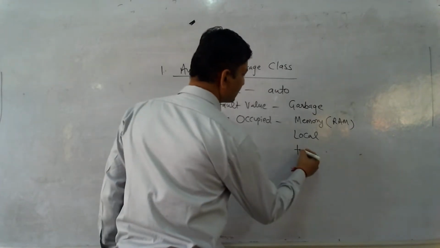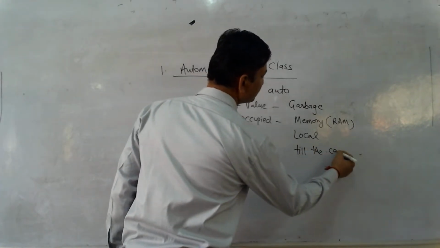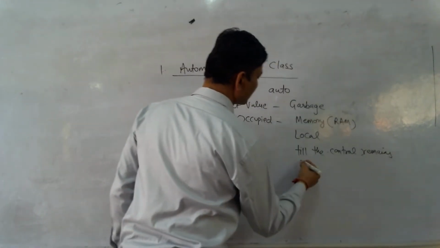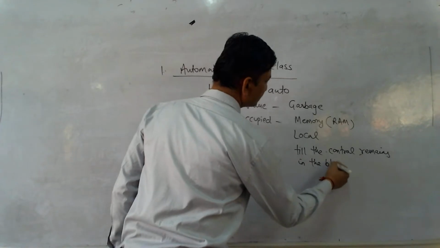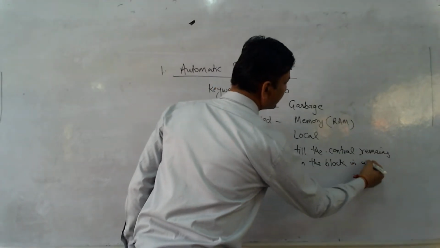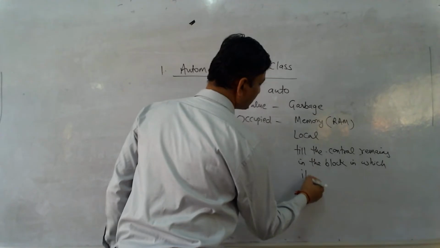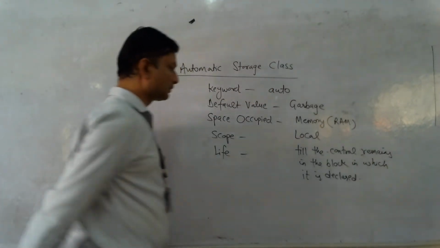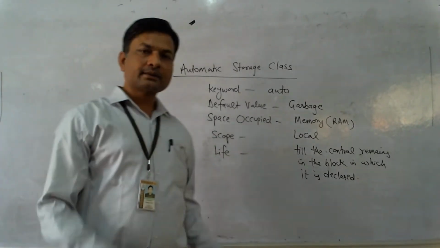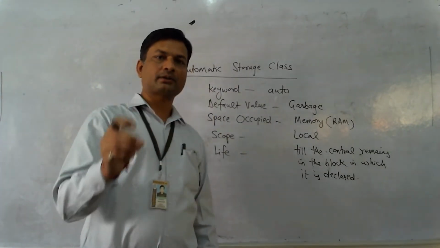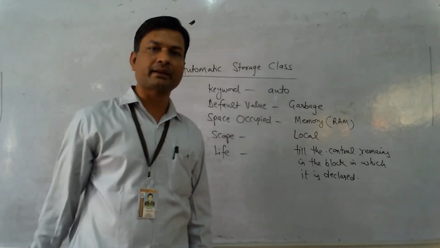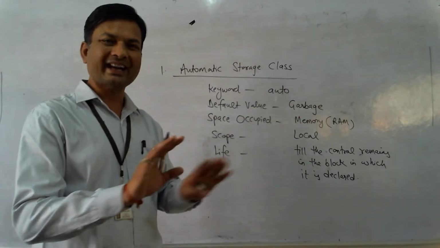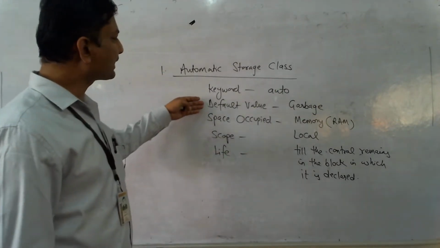Life: till the control remains in the block in which it is declared. It means as soon as we leave the block in which we have declared the variable, the life of that variable ends.